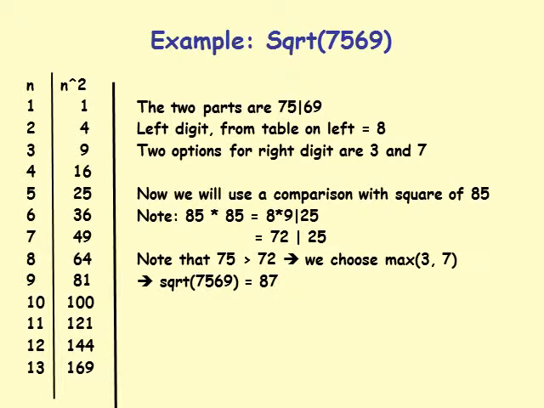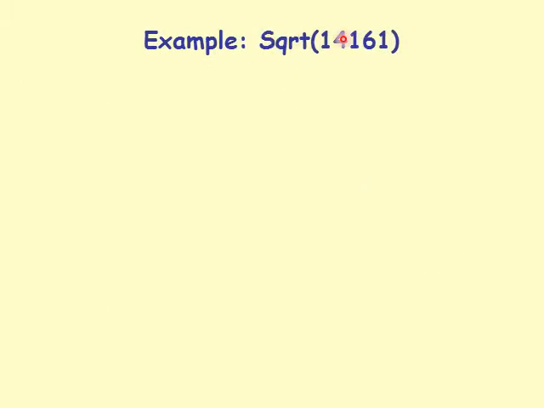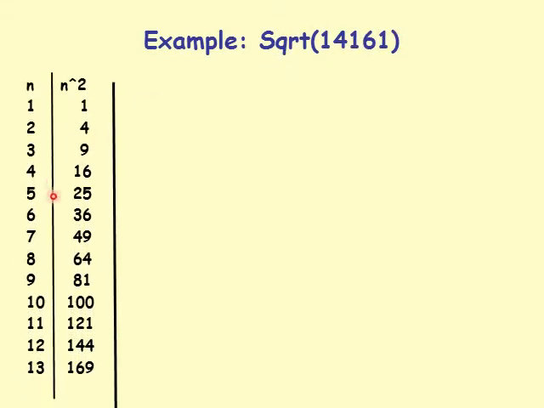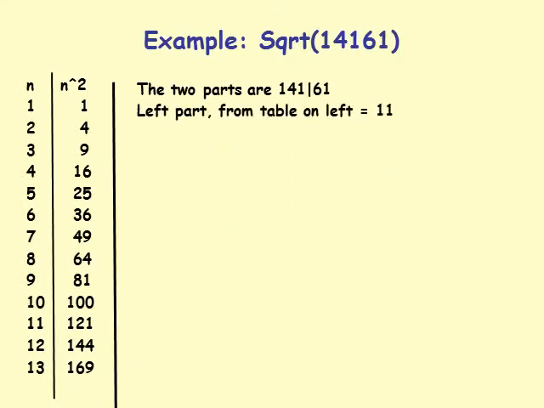Let us continue here. Another example, the square root of 14161. Here's my cheat sheet. Here the two parts are 61, the rightmost two digits on the right, and everything else on the left.